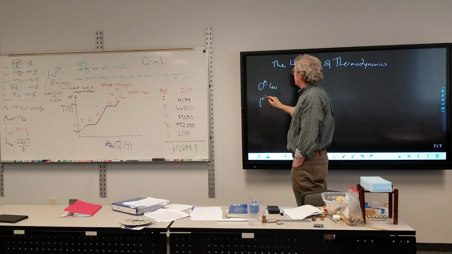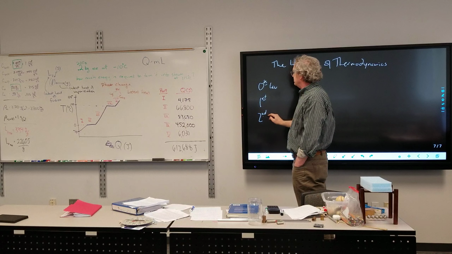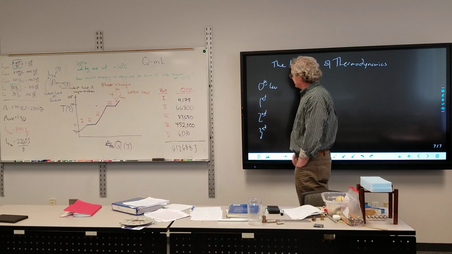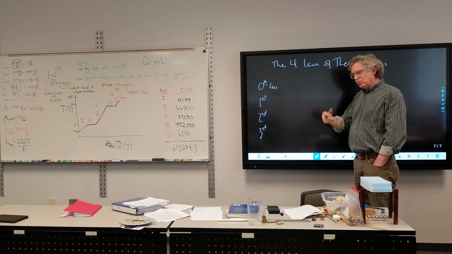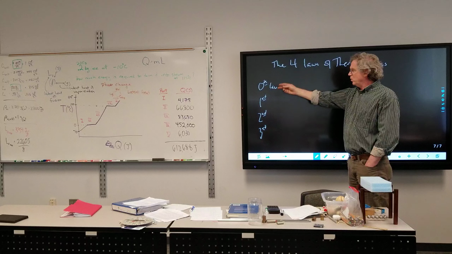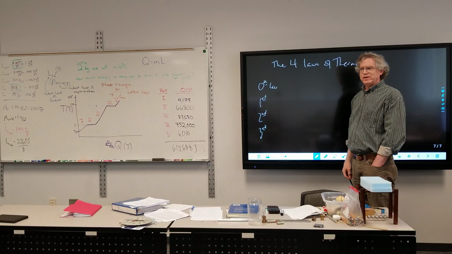Then there's the 1st law, 2nd law, and 3rd law. So I ask you, why 0th? Why didn't they just call this 1 through 4? Why 0 through 3?